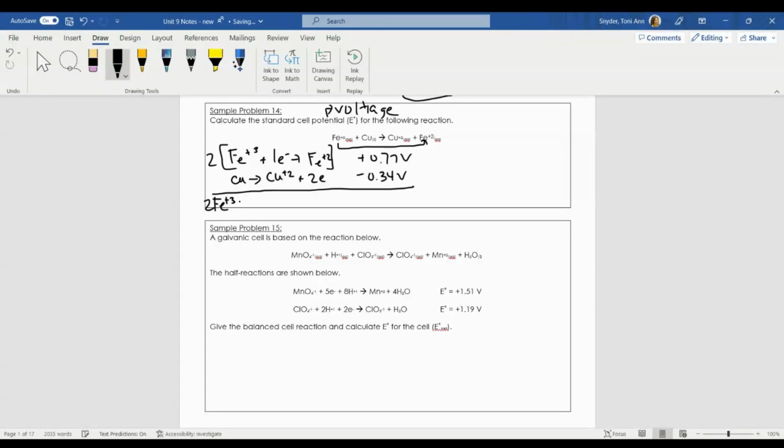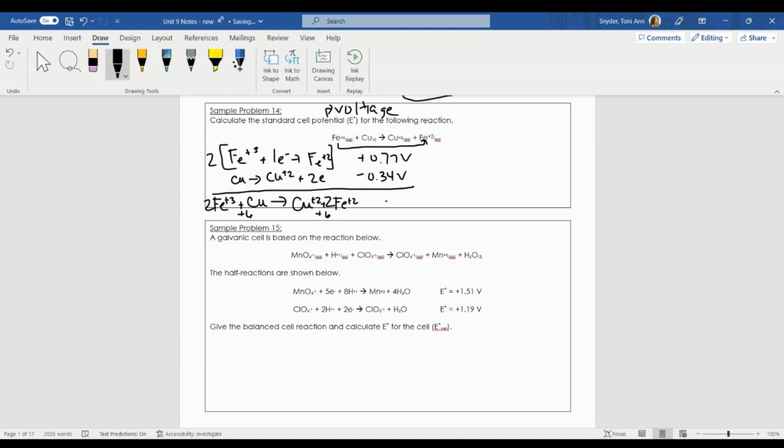2 Fe +3s react with 1 copper, and I produce copper +2 and 2 Fe +2s. So if I look, 2 plus 4 total gives me a charge of +6 total. 2 groups of +3 also gives me +6.